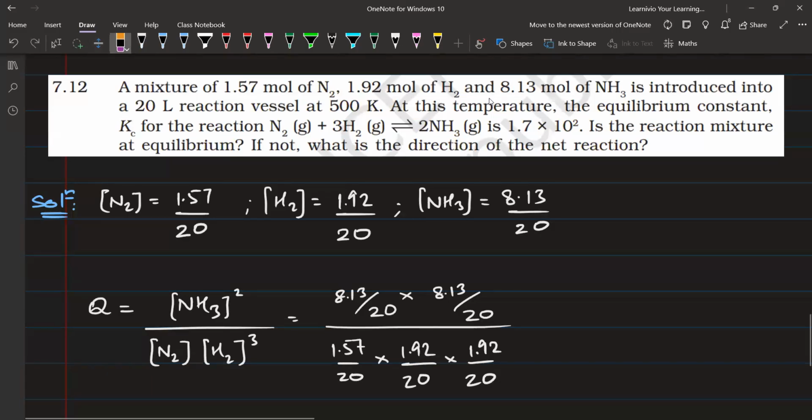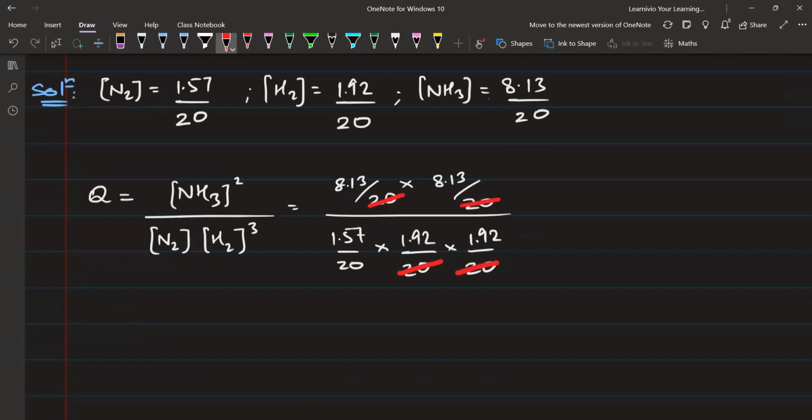So I can cancel some 20s now. Correct, it is cube, 1.92 upon 20. So 20 has cancelled. Now we have 1.92 remaining.